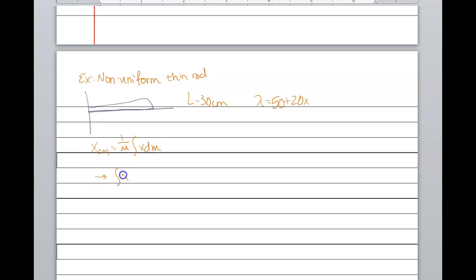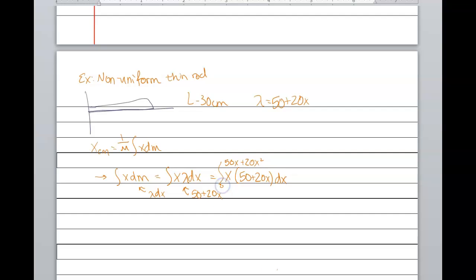Okay, so integral x dm, sub in lambda dx, sub in for lambda, which is 50 plus 20x. So we have x times lambda. So if I distribute that x, then I have 50x plus 20x squared.